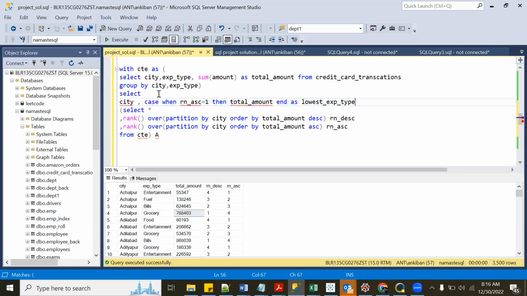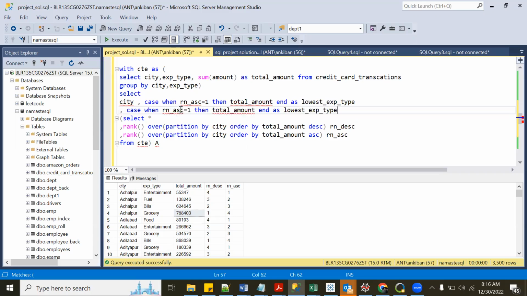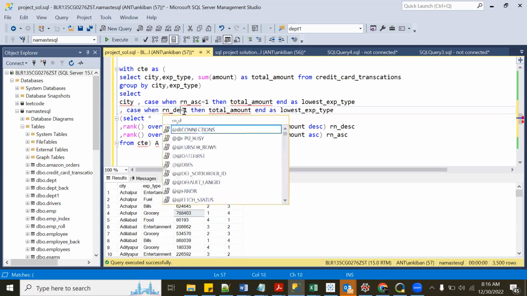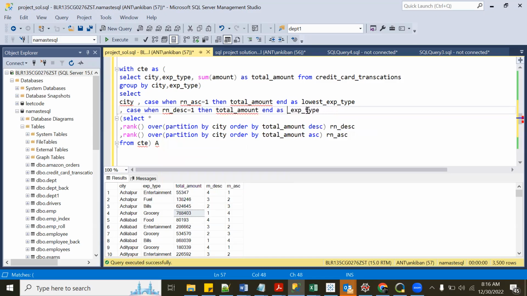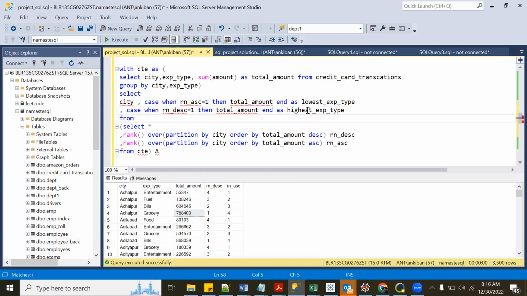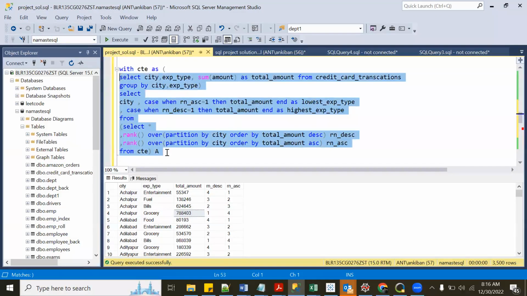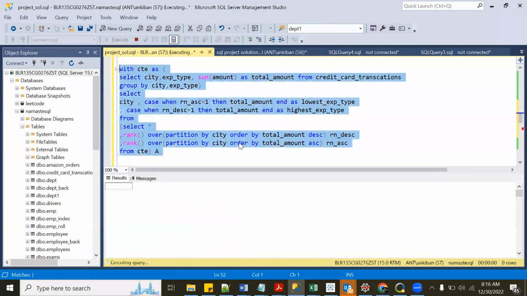Similarly, when the descending is 1, which means highest expense type. From this, right? Let me run this first and I will show you what is the next step.